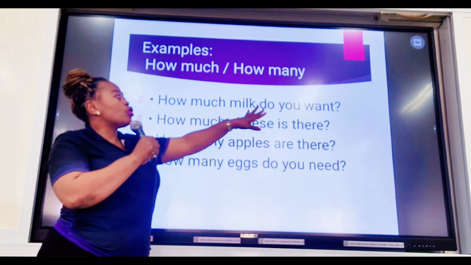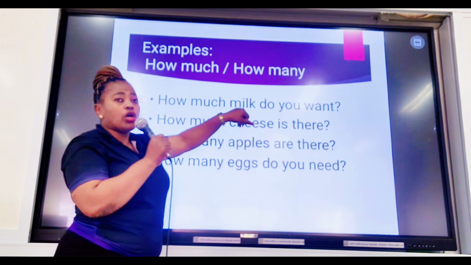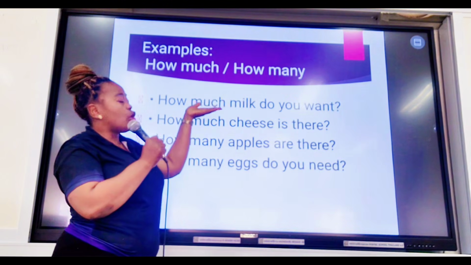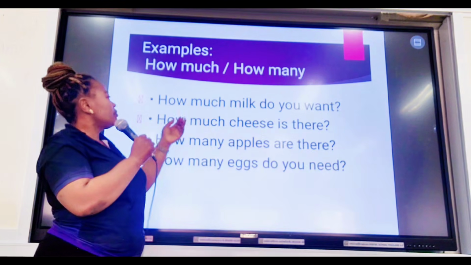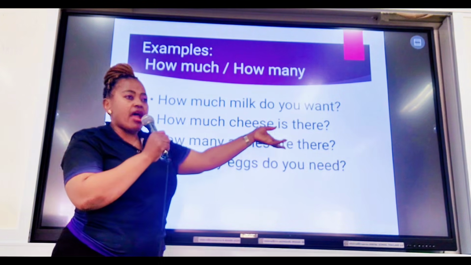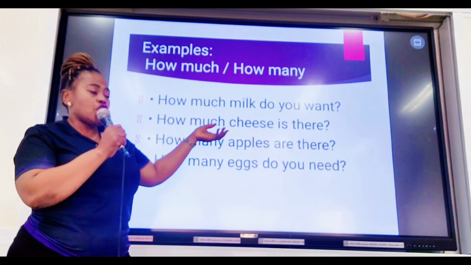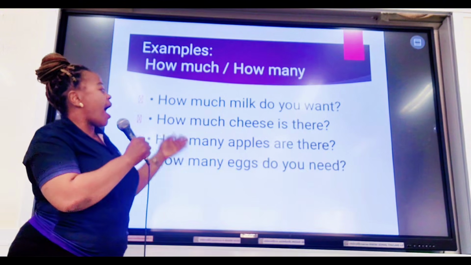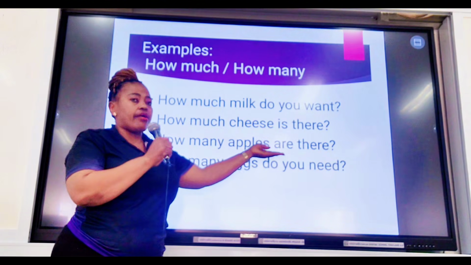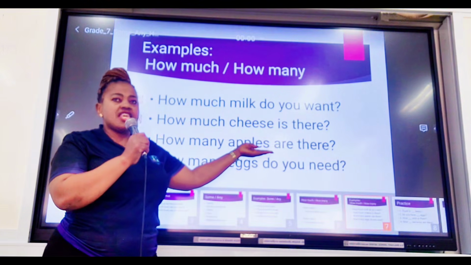Now examples with how much and how many. How much milk do you want? Can you count milk? No. So we use how much. How much cheese is there? Can we count cheese? No. So we use how much. How many apples are there? Can we count apples? Yes.